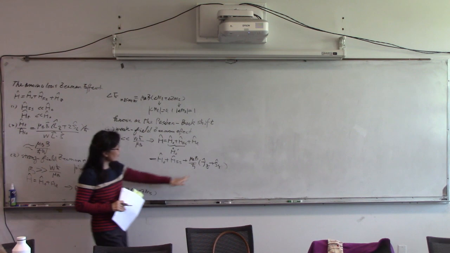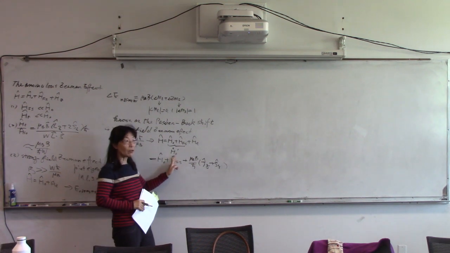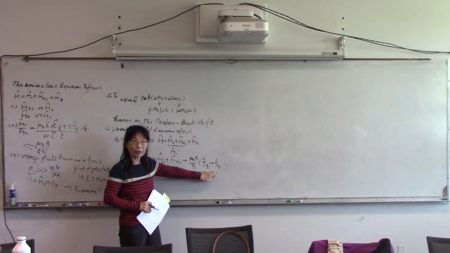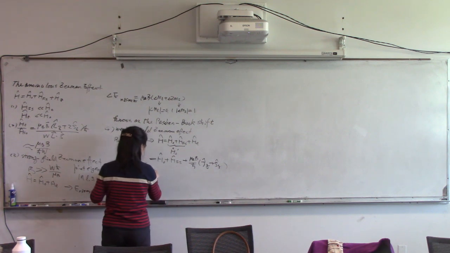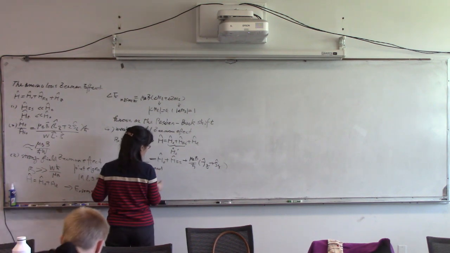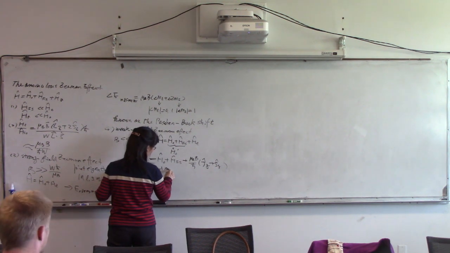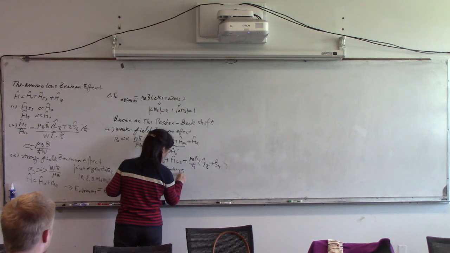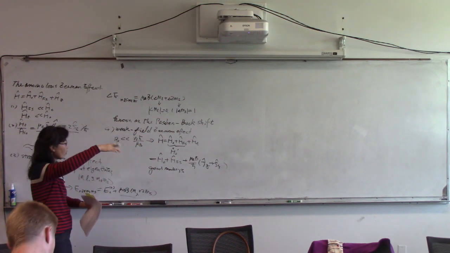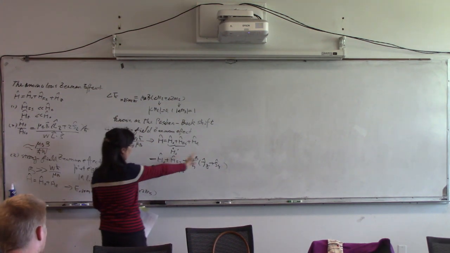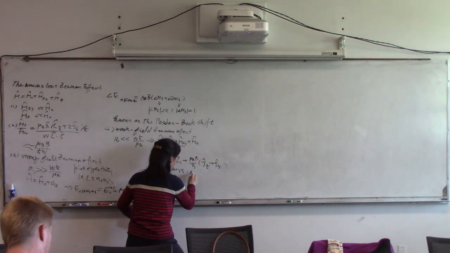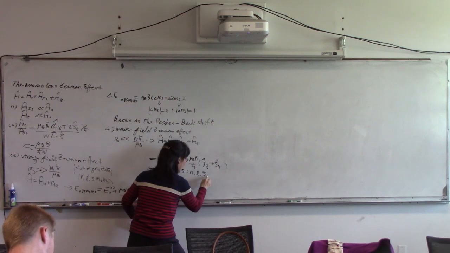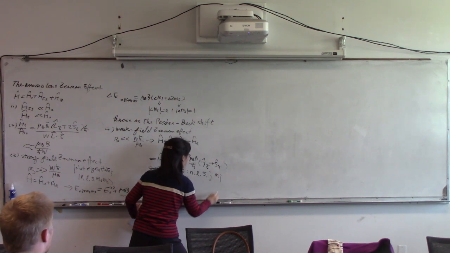So now you can see this term commutes with those, right? The only difference is here. But at least the good quantum numbers we can use, which means good means those correspond to those joint eigenstates, are n, L, S, J, and M_J, right?